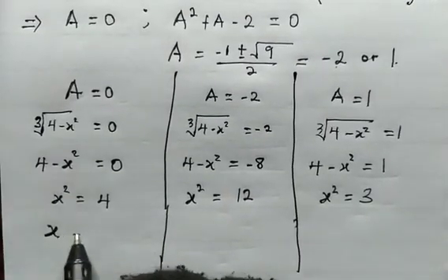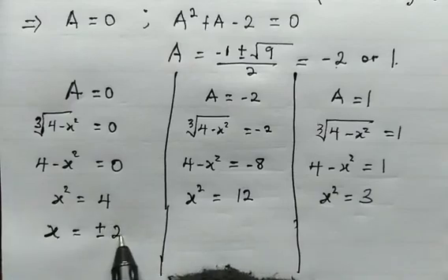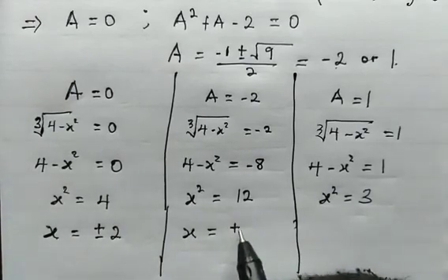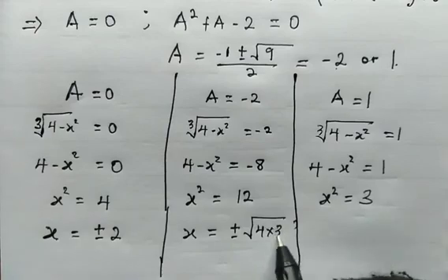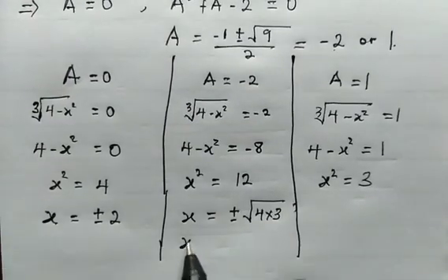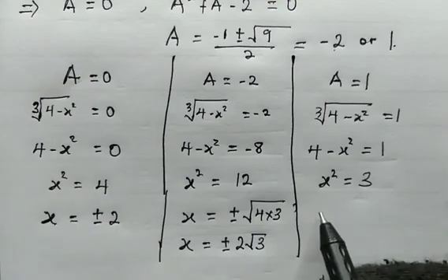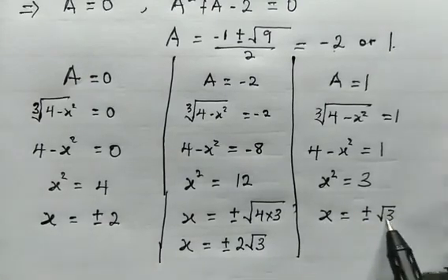We have x equals plus or minus the square root of 4, which is plus or minus 2. And here, x equals plus or minus root of 12. But remember, 12 is the same as 4 times 3, so we get x equals plus or minus the square root of 4, which is 2, times root 3. And from here, x equals plus or minus root 3.